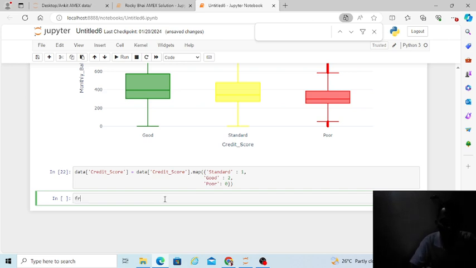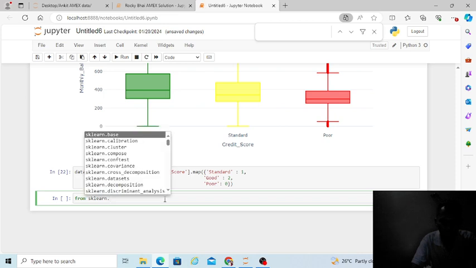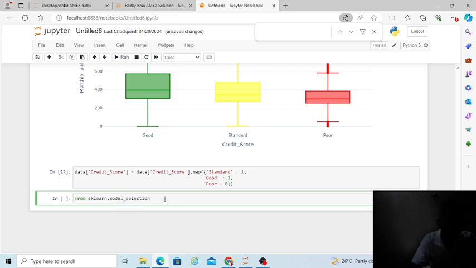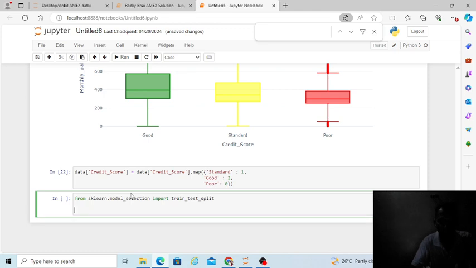So first of all, I will segregate my data based on from sklearn.model_selection import train_test_split, and I will segregate my data.